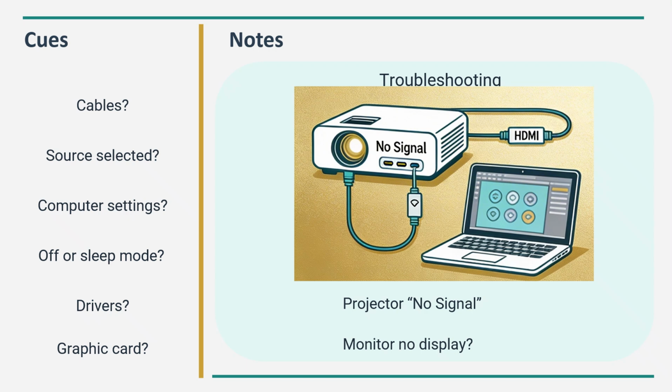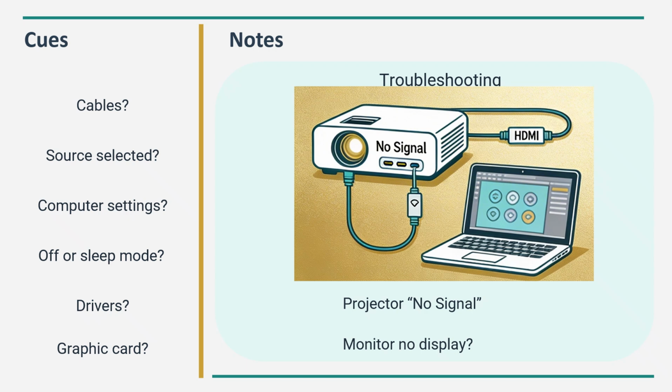Then make sure that the source is correctly selected by choosing either HDMI or VGA as an output. Also make sure that the settings on the computer, when you press the Windows button with P, that it's on multiple devices. Or if the monitor does not have any display, then it could simply be that the computer is off, so switch it on, or that it's on sleep mode.